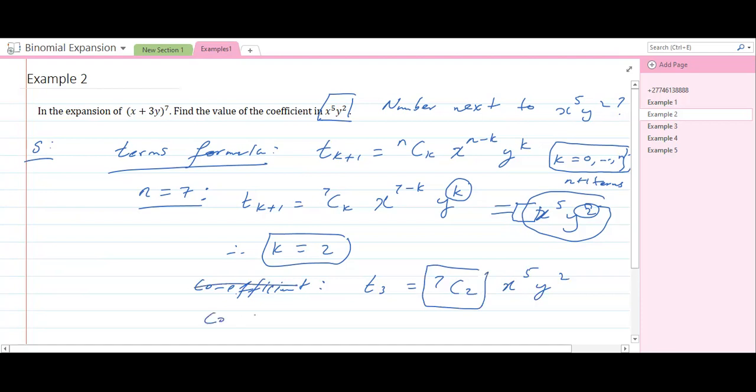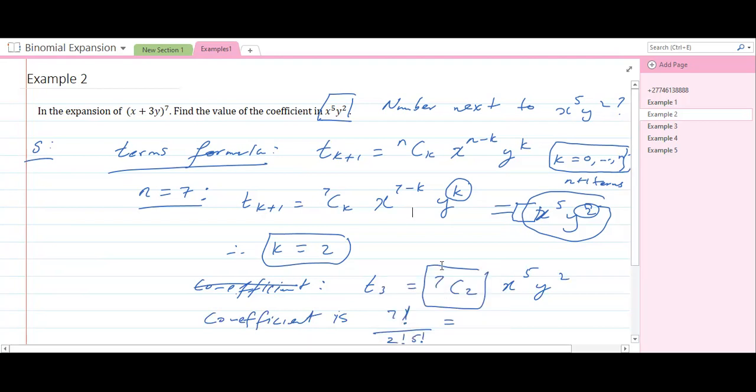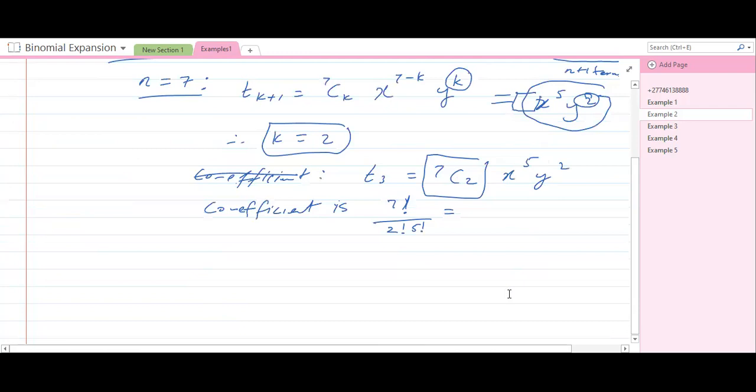So coefficient is 7 factorial over 2 factorial 5 factorial, which is equal to 7 times 6 times 5 factorial over 2 factorial 5 factorial.